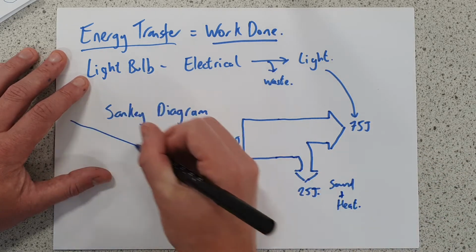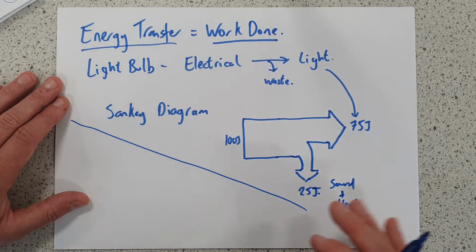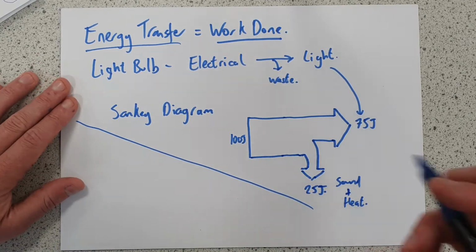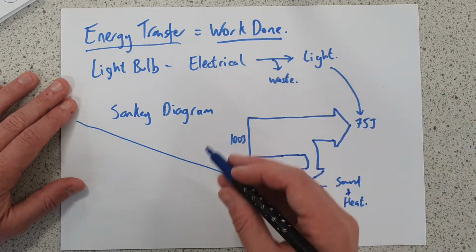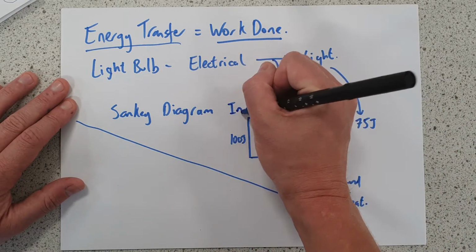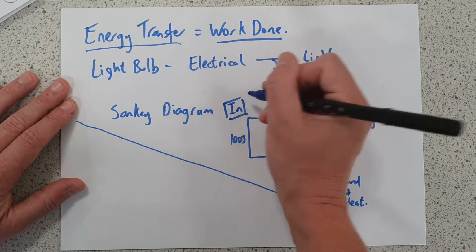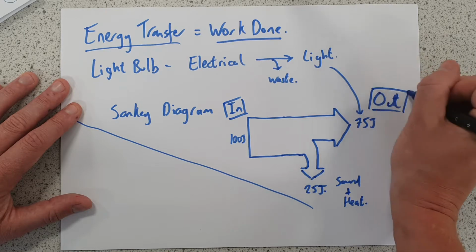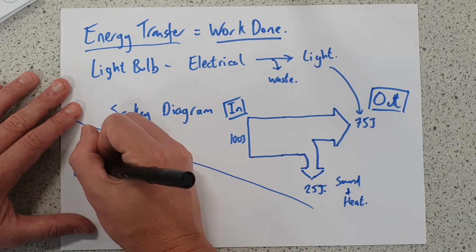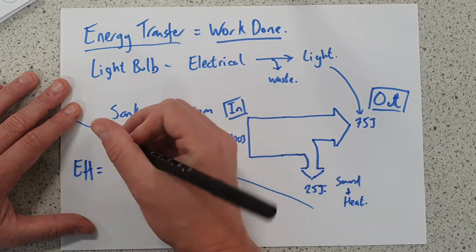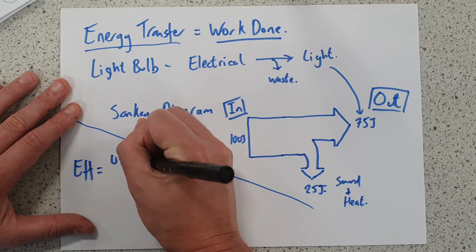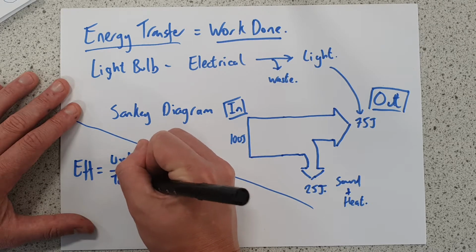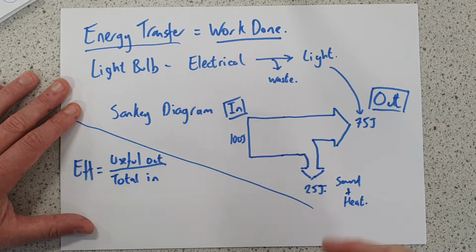Now what we are interested in this week is the fact that we can calculate the efficiency of this appliance and this energy transfer system. So we call this a system, where we have a very clear input and output just there, like so. Now the energy efficiency is equal to the useful energy out divided by the total energy in.